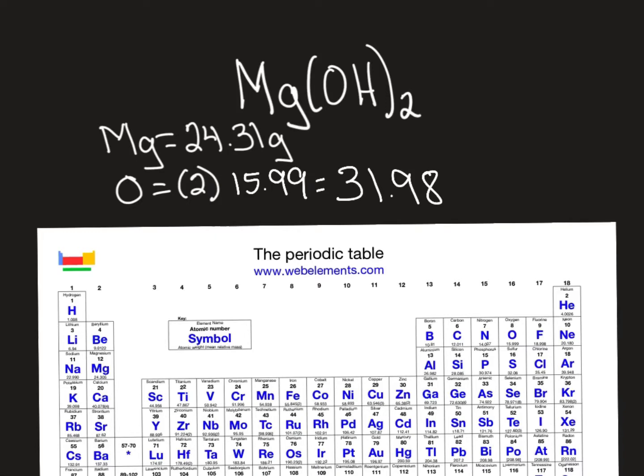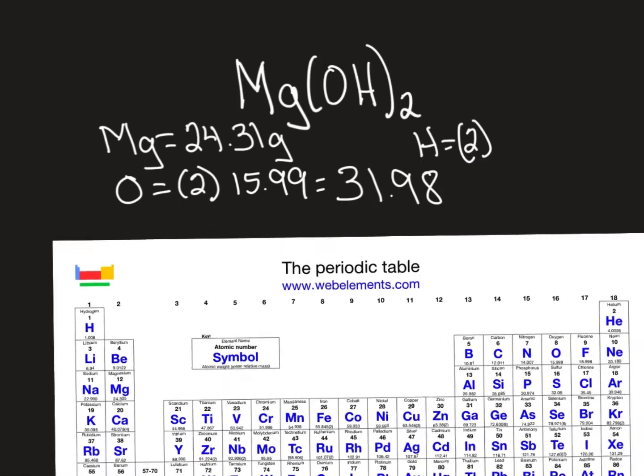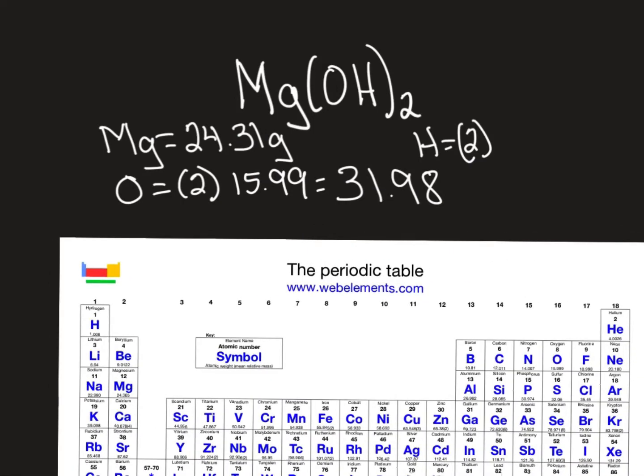Okay, and so our last element is hydrogen. For hydrogen, I have 2 of them, so I'm going to put 2 in parentheses, and the mass for hydrogen is 1.008. So I'm going to use 1.01. When you multiply 2 by 1.01, you will get 2.02. Okay, so at this time, we need to add all the masses together.